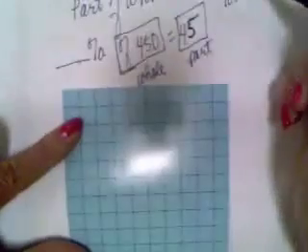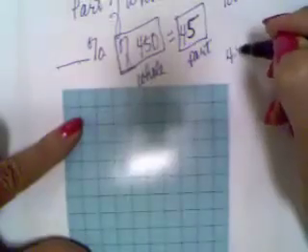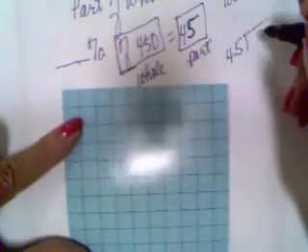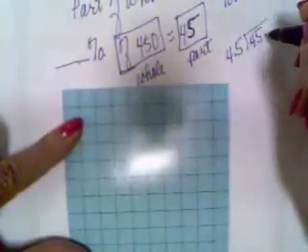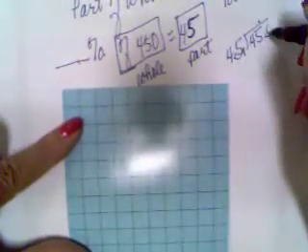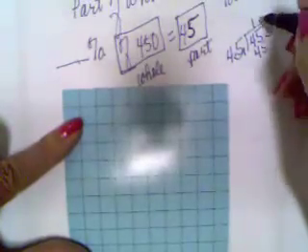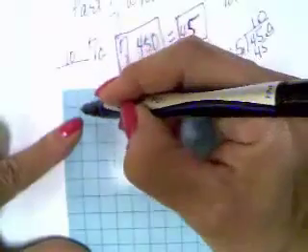And so now I would want to see how many 4 5/10 it would take to make 45. And I would find that there would be 10. So that's 10%.